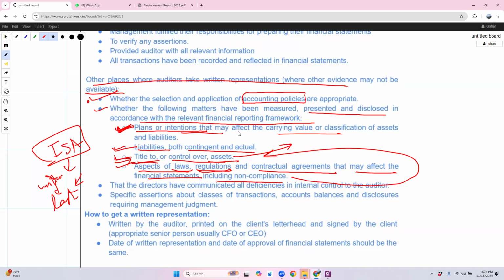Keep in mind, although we are taking written representation upon these, as an auditor, we already know that the company is doing it because we have done other substantive procedures against it as well. We have done many different substantive procedures for every single thing. But still, as an auditor, at the last, we take a written representation from the management. You may ask why, even if we know the company is doing it properly.